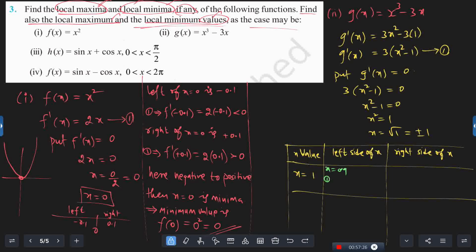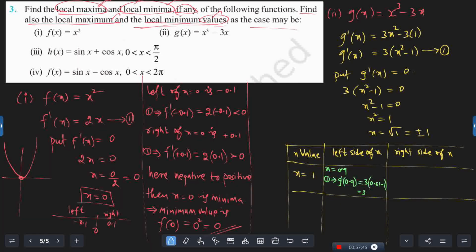So g dash of 0.9 is equal to 3 into 0.9 square, which is 0.81, minus 1.